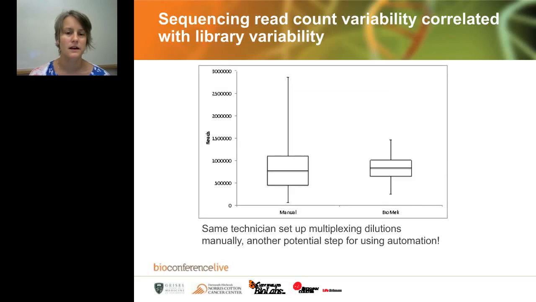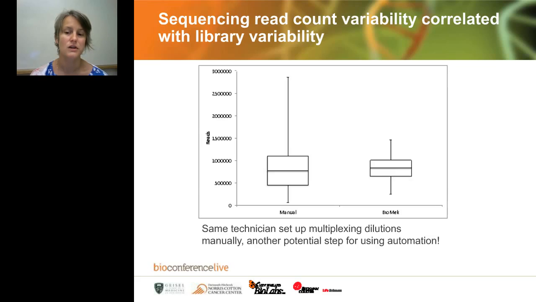And I also wanted to look at exactly what the sequencing readout was. So what I put together was how variable the read counts were for the manually prepared and the BioMek prepared libraries.